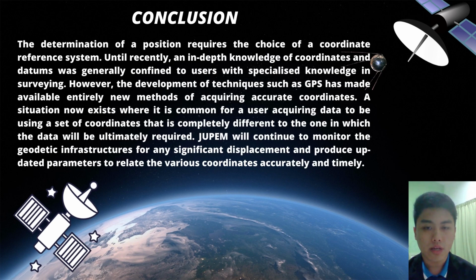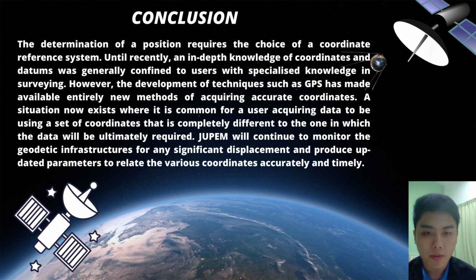The conclusion that our group has made for this assignment is that the determination of a position requires the choice of a different coordinate system. Until recently, an in-depth knowledge of coordinates and datums was generally confined to users with specialized knowledge in surveying.